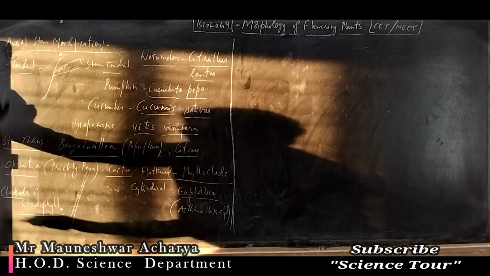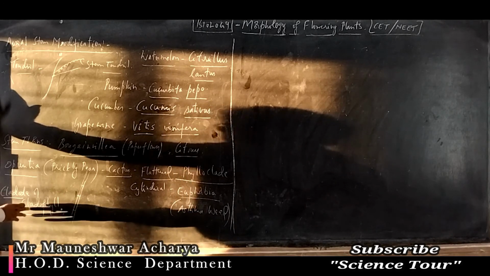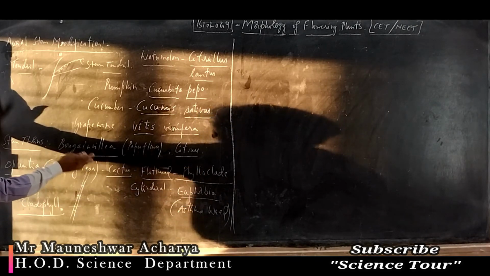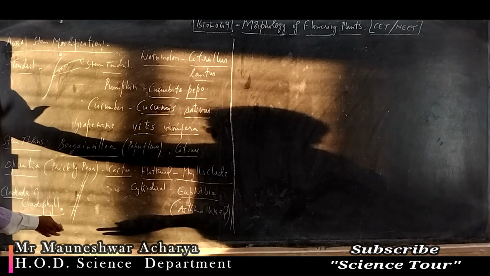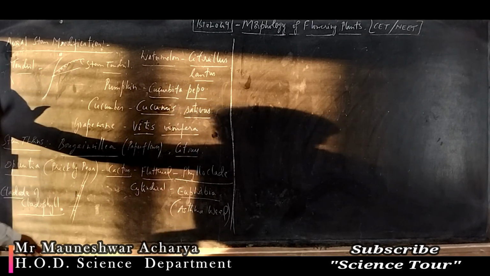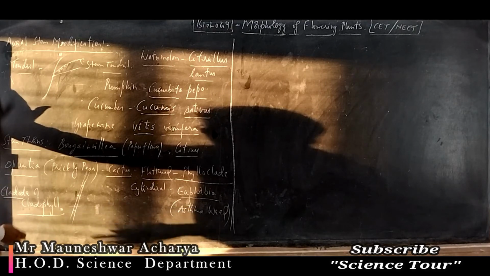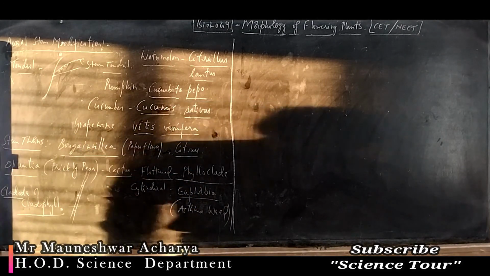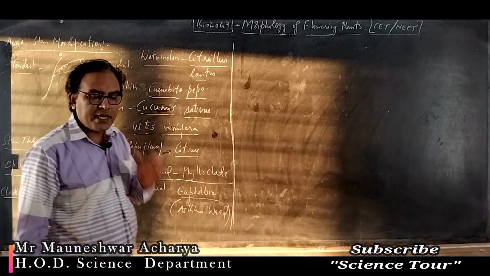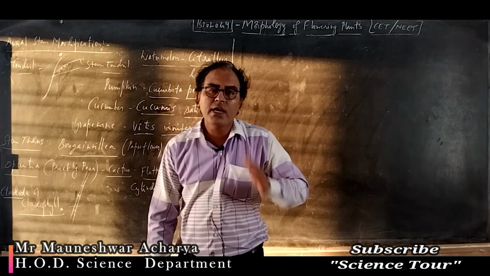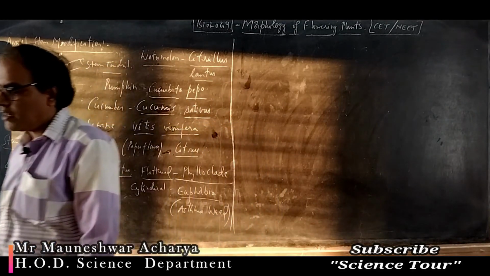Cladode or cladophyll. The difference between phylloclade and cladode is, in case of phylloclade the stem has unlimited growth with several nodes and internodes, but in case of cladode or cladophyll, the stem has limited growth with one or two internodes.